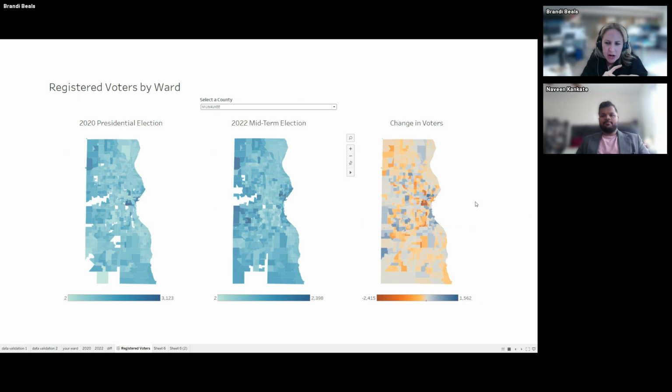I tried to use map layers, but apparently you can't use map layers when you use blended data sources, which is what I did here. So that didn't work. But anyway, that's my viz. Very simple. I'm happy to bring up any particular counties if people want to see their county. But that was my take on this data set.